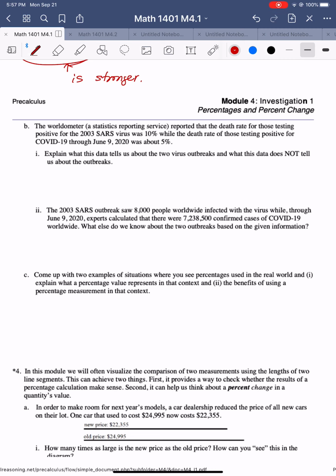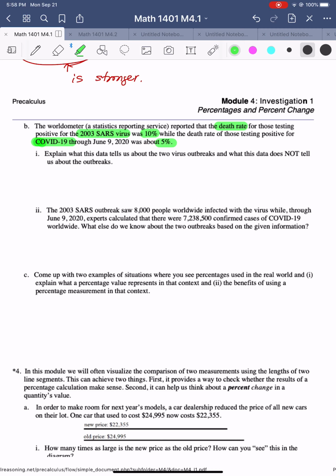So they're talking about the death rate. In number 1, explain what this data tells us about the two virus outbreaks and what the data does not tell us about the outbreaks.